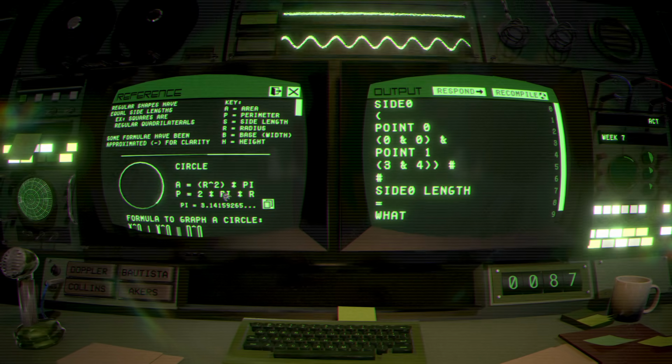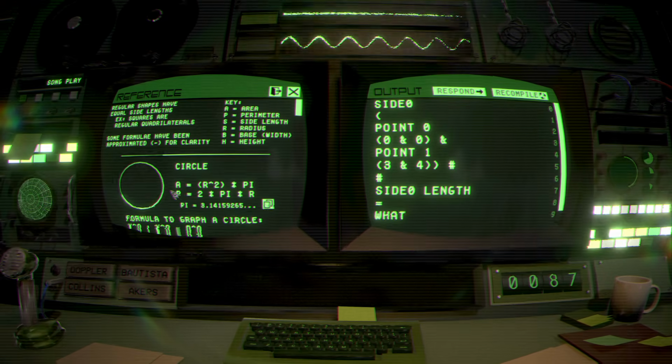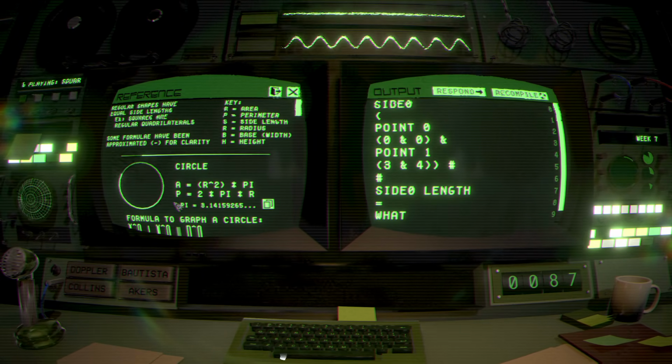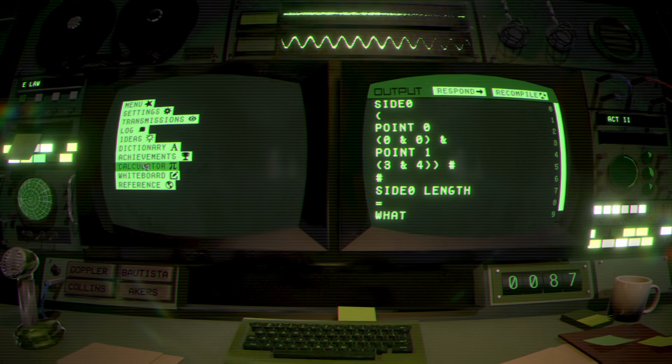We want the perimeter, assuming the radius is 5. 2 times pi times 5. See if that works.